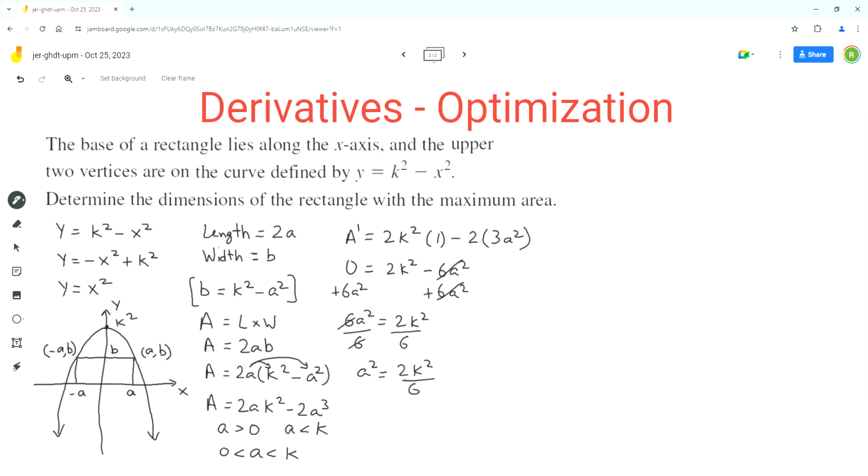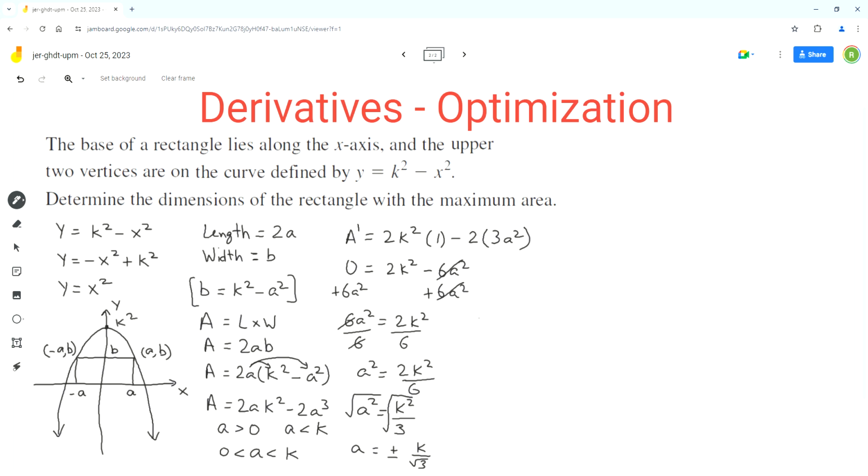And this fraction can be reduced to k square over 3. Now we can apply square root to both sides. As per the domain, a cannot be less than 0, so we can ignore the negative solution.